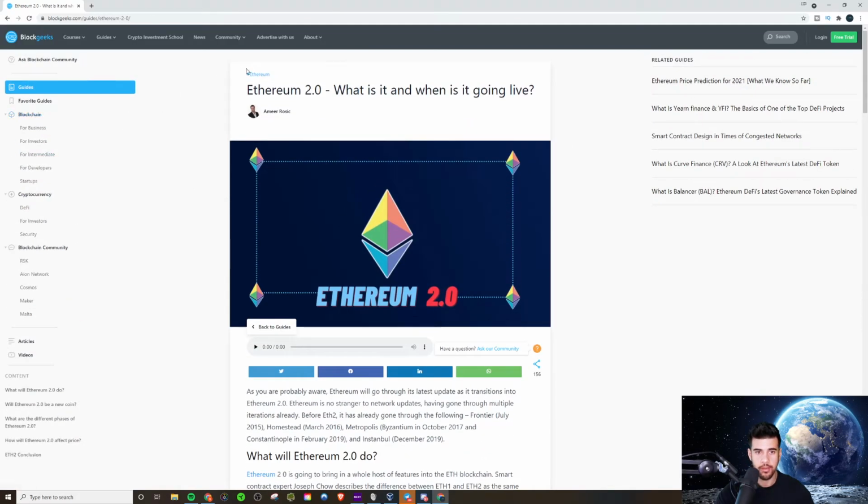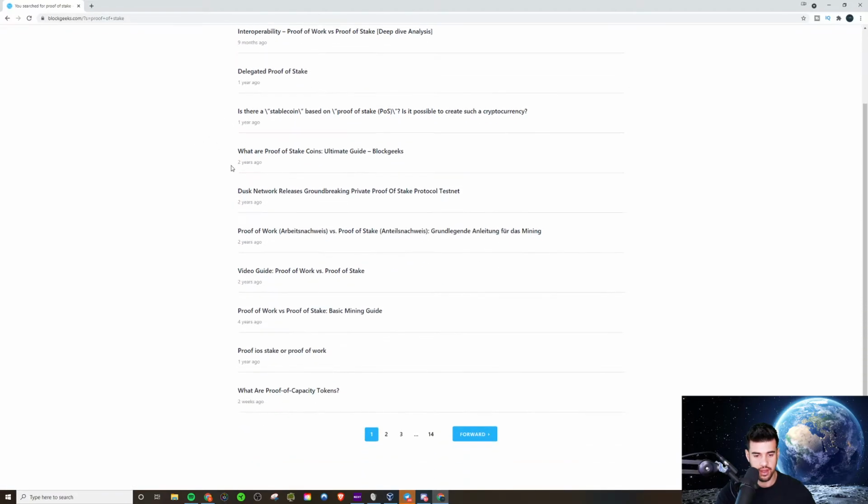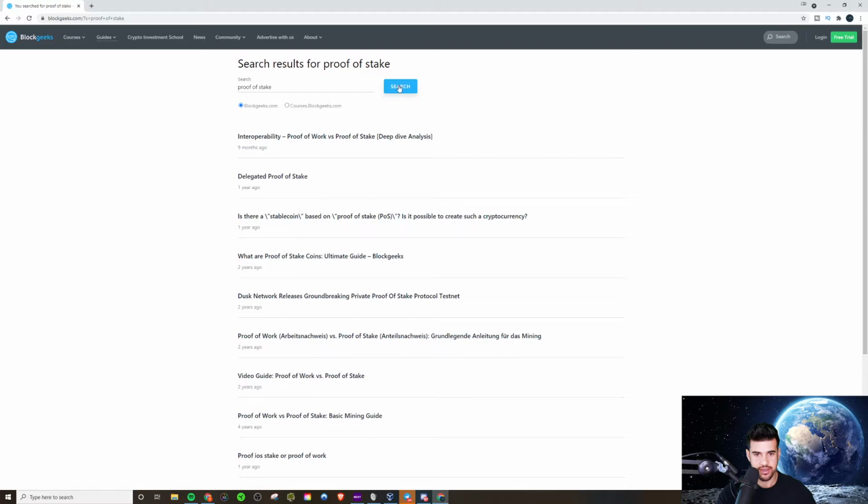I remember that's something I first learned about. You can search stuff in here too, right? Say you don't understand the difference between a proof of work algorithm and a proof of stake algorithm, and you hear Ethereum 2.0 is going to be proof of stake, but what does that mean? Well, you can read the article on what the differences are from a deep dive analysis standpoint, but I know you can also find some more beginner articles on here.